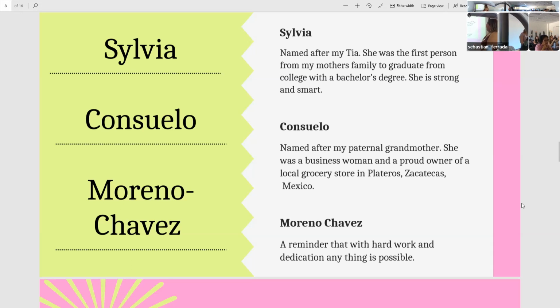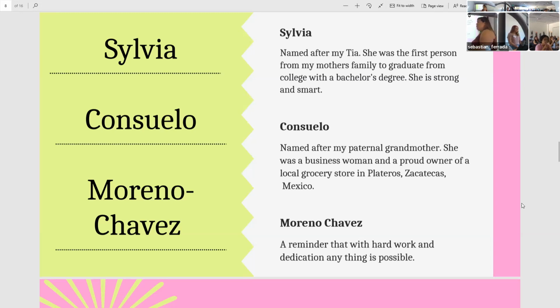Consuelo is my middle name, and I was named after my paternal grandmother. She was a businesswoman and a proud owner of the only store in her little pueblo of Plateros, Zacatecas in Mexico. Moreno Chavez is a mixture of both my mom and my dad's last names.